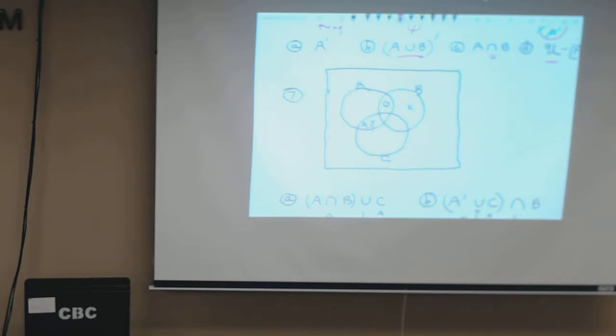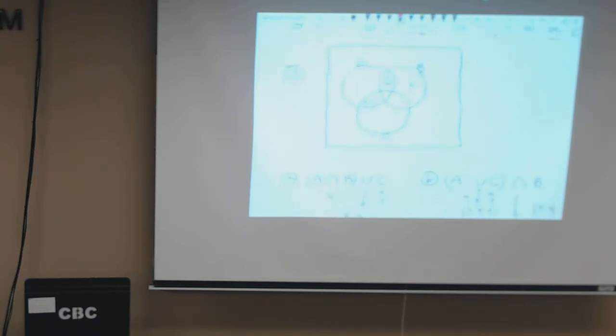So here's what my picture looks like. A is ace, jack, queen. B is king and queen. And C is ace and jack. Everyone see how I drew that picture from the information in problem 6 and 7? Okay, now I've got the picture.